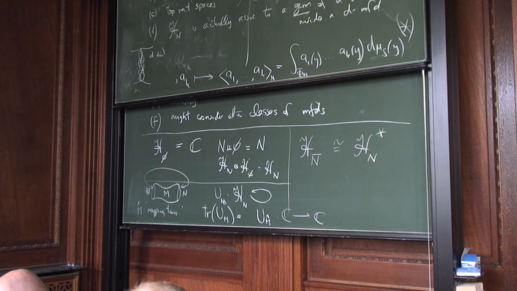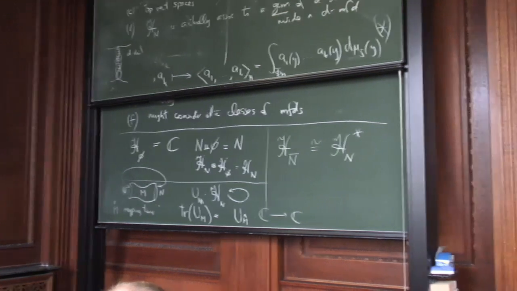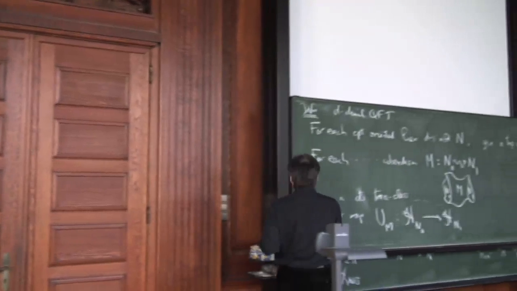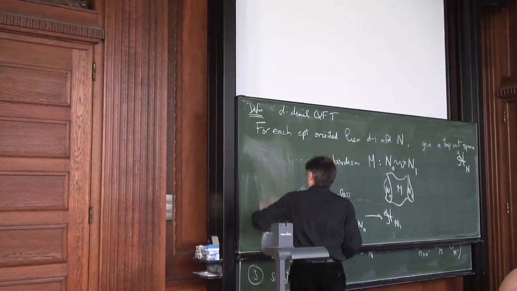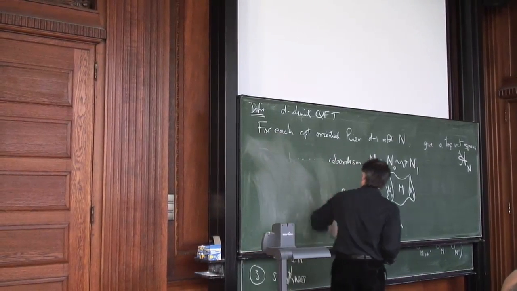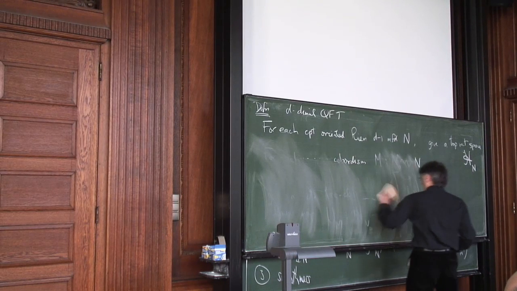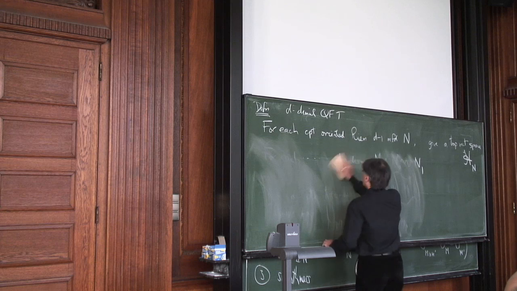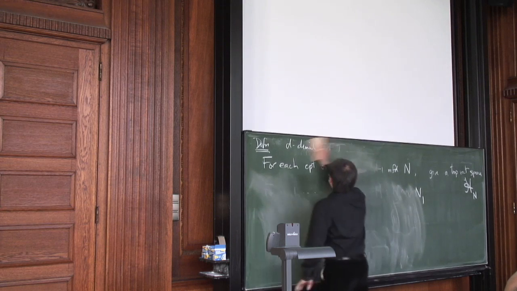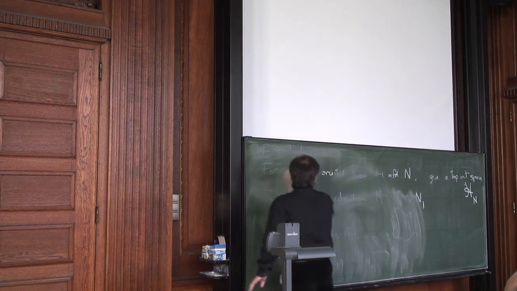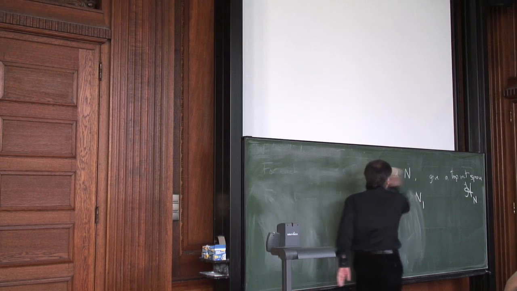So you might think that this is in some way rather little information. You might think it's too little, and that it doesn't look in the least like what we thought a field theory ought to be.